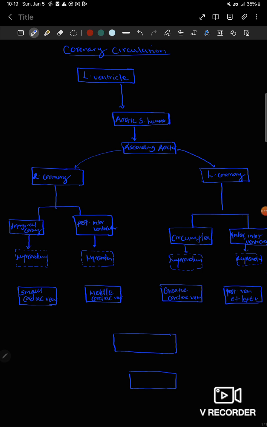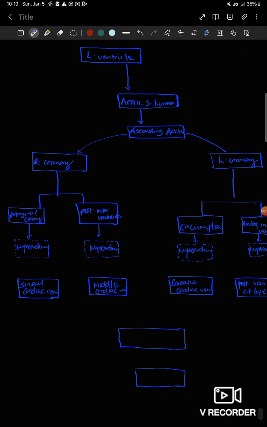Now the small cardiac vein drains the marginal coronary artery. After the marginal coronary artery supplies the myocardium, its capillaries form venules, which form veins.